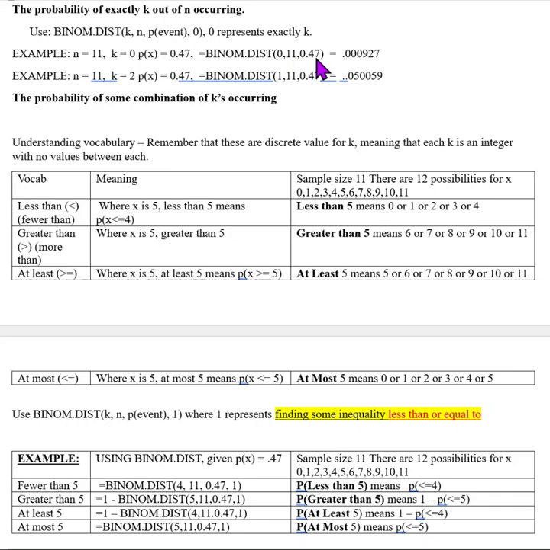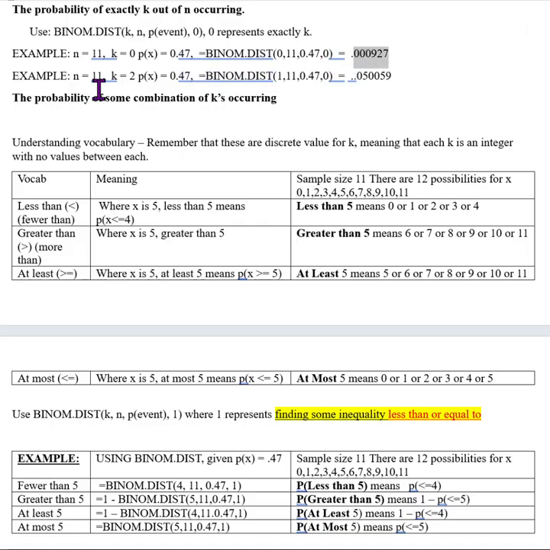And the third would be 47. And then I would have a 0 at the end of that, indicating that it's exactly k, exactly that number. If I run that through Excel, I get this answer here.